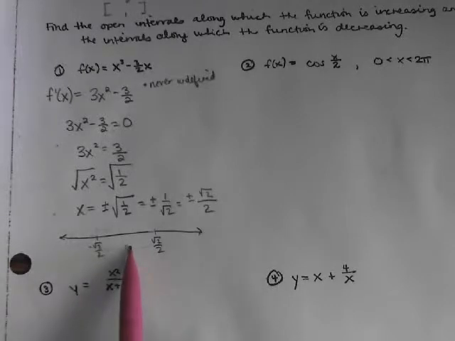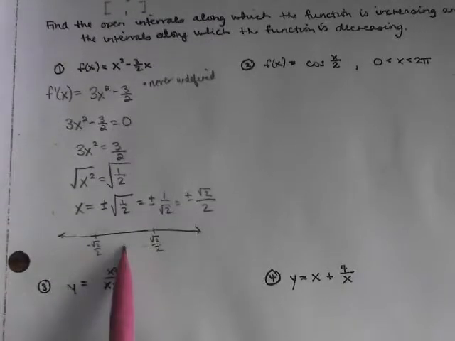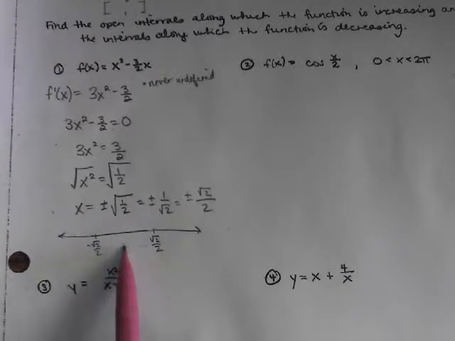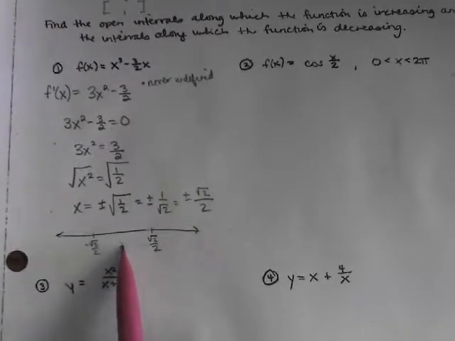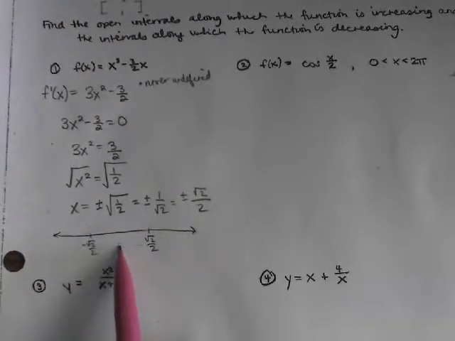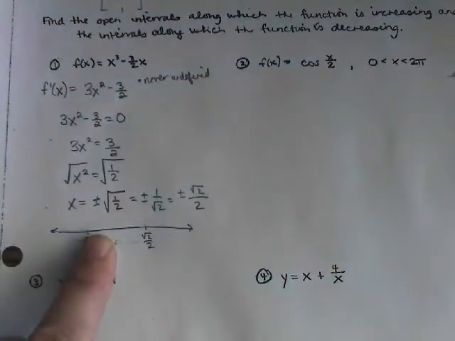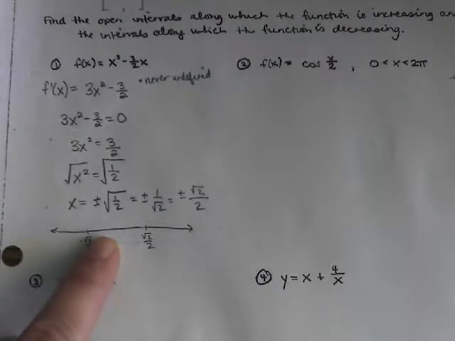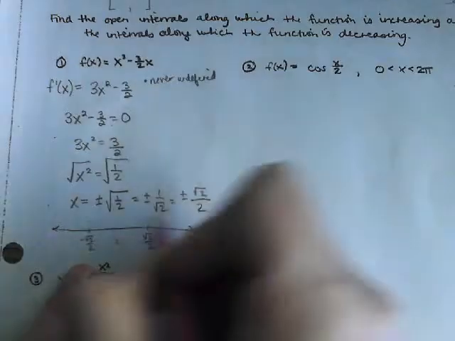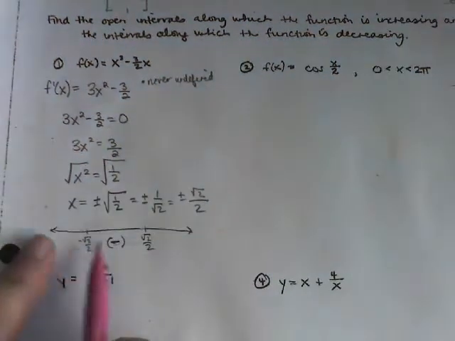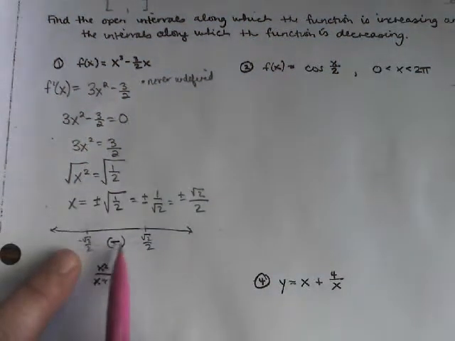So when we plug 0 in, we're not concerned at all about the number that we get, other than is it positive or negative. Follow? So if I plug in 0, what am I going to get? A negative number. That's all I care about. Who cares about the value? But it is going to be negative. So this is an interval along which the function is decreasing.